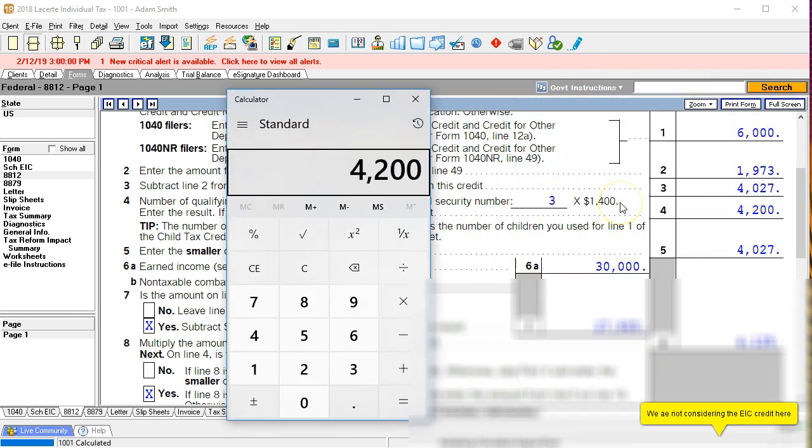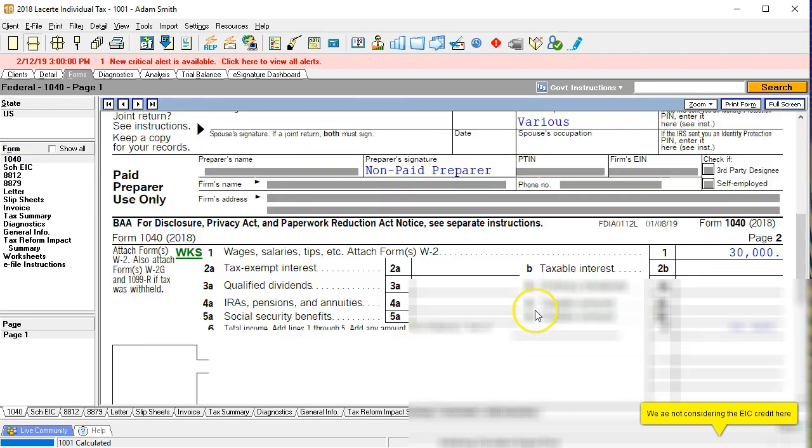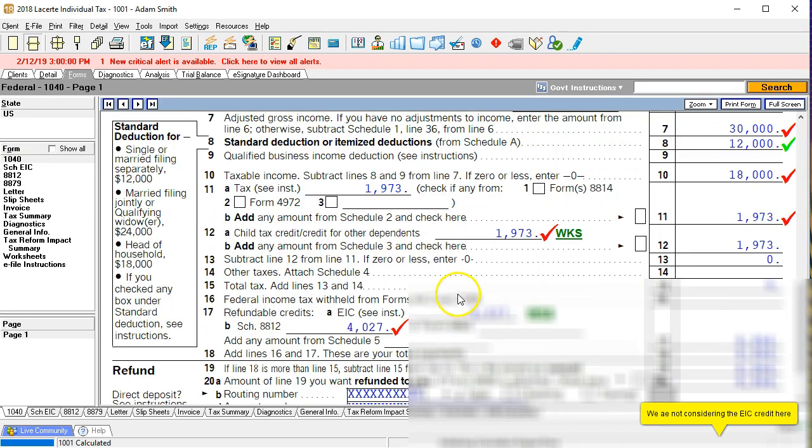So you would think that would be kind of the max of the additional child tax credit you can get with the 3 children. So in any case, hopefully that gives you some kind of idea as we tinker around with it of the interplay between the child tax credit and the earned income credit.